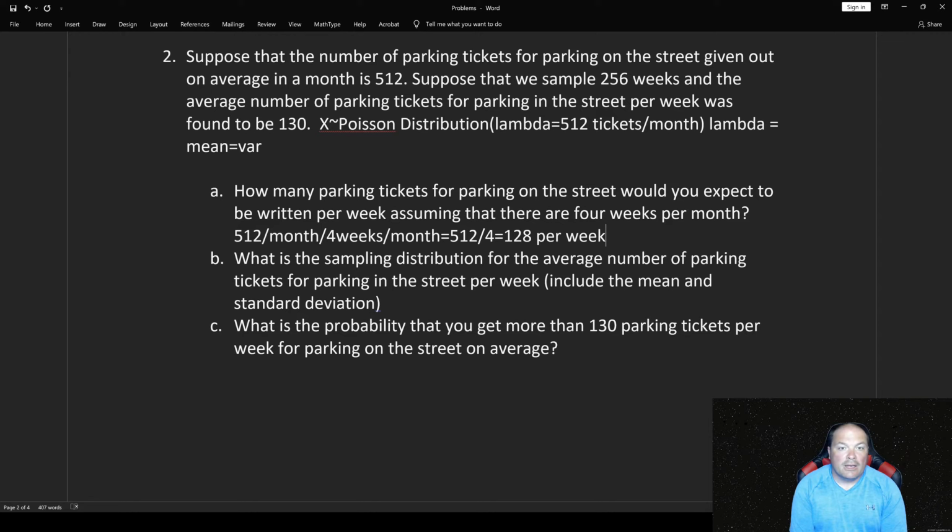Now, one of those situations is that the data comes from a normal distribution and you know the variance. We know here the data does not come from a normal distribution, or at least we're not given it, so we can't assume it. The other way that you can use the central limit theorem here is if n is bigger than 30 and you know the parameters for the underlying distribution.